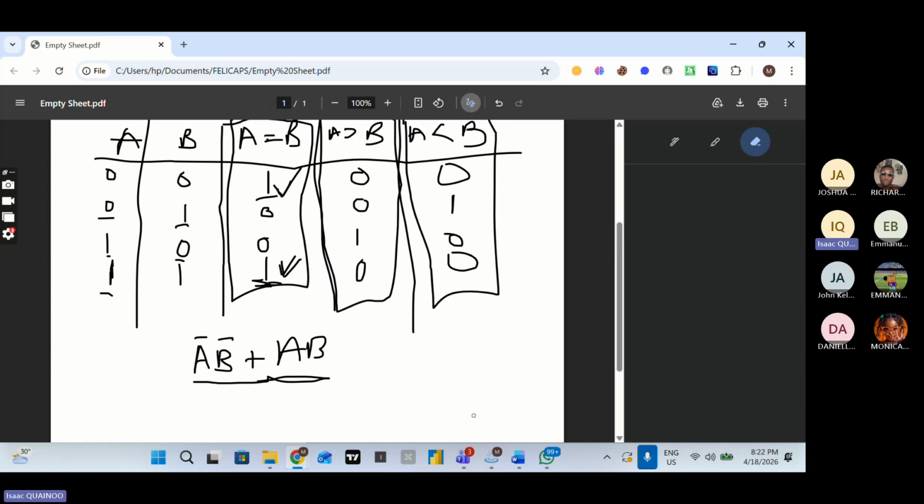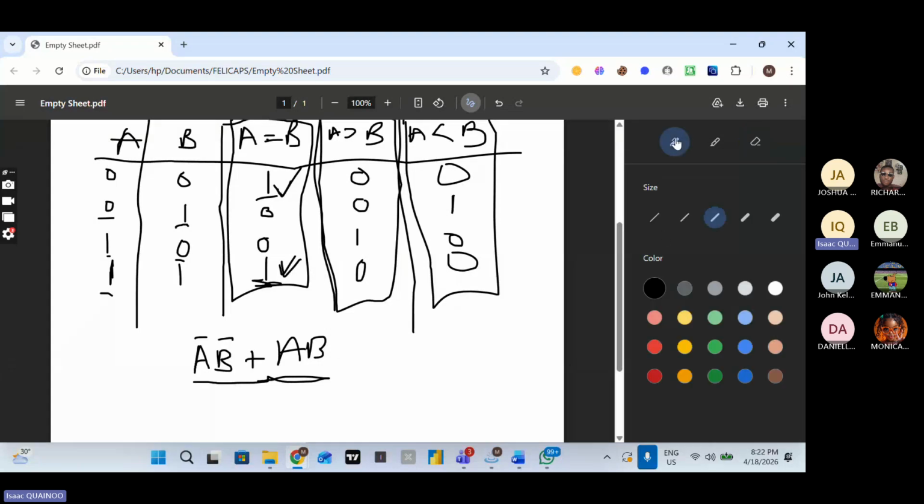Okay, so this particular expression here, you all know what it's going to give us, right? It's going to give us A XNOR B, right? That is what this is going to give us.